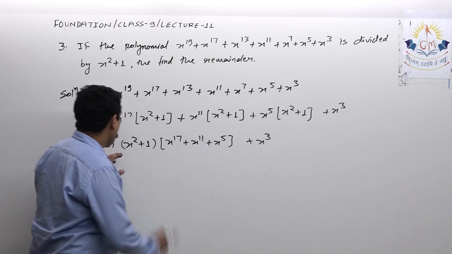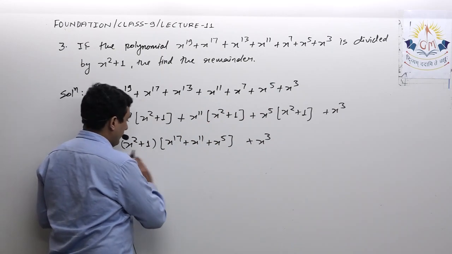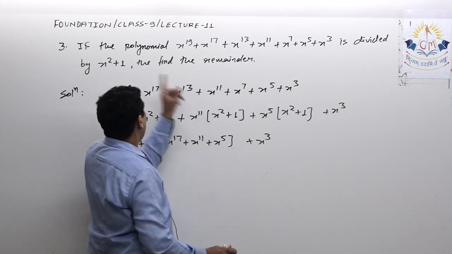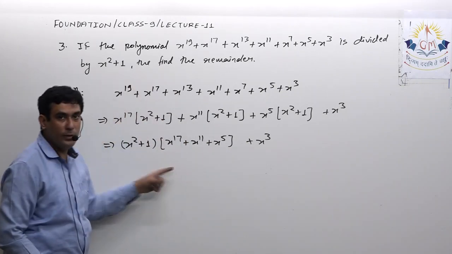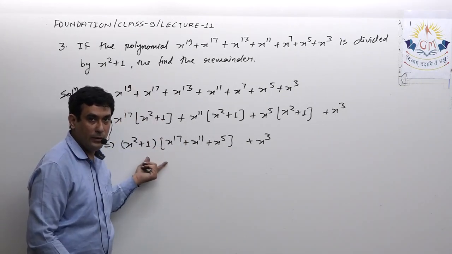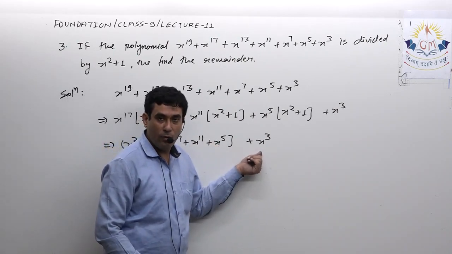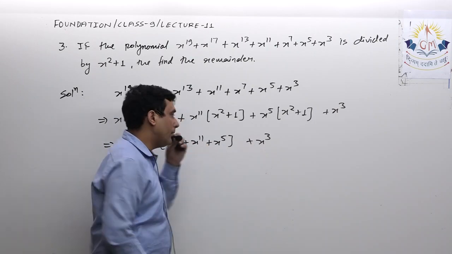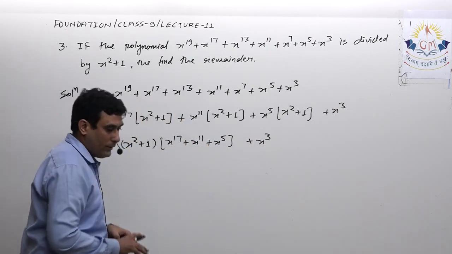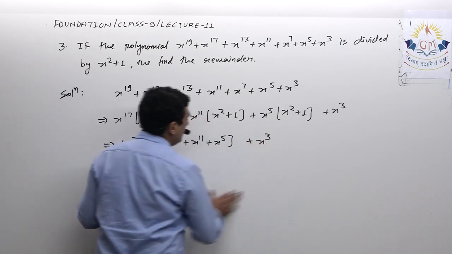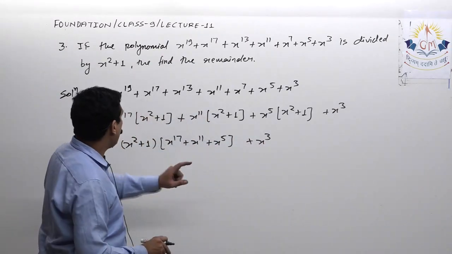In other words, when I divide this first term, x square plus 1 into this, by x square plus 1, the remainder will be 0 because it is exactly divisible. So that remainder, 0, will be added. So now we'll see what the remainder is when we divide x cube by x square plus 1.